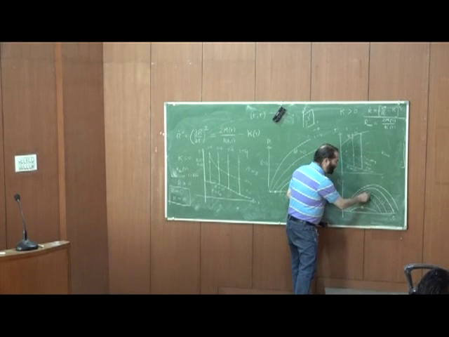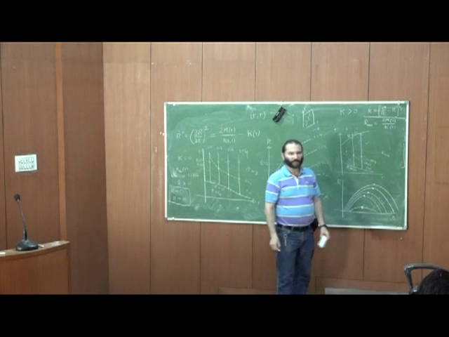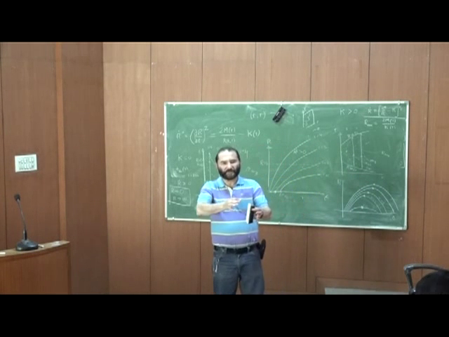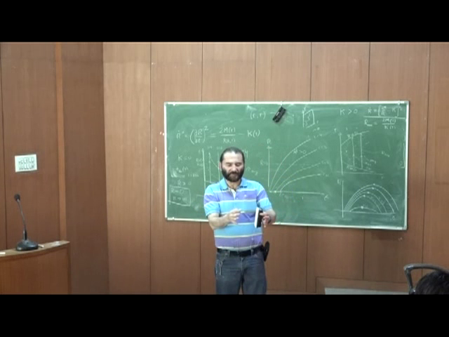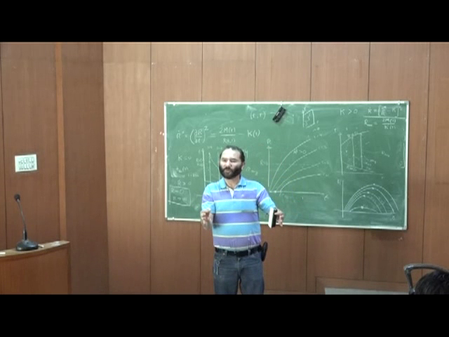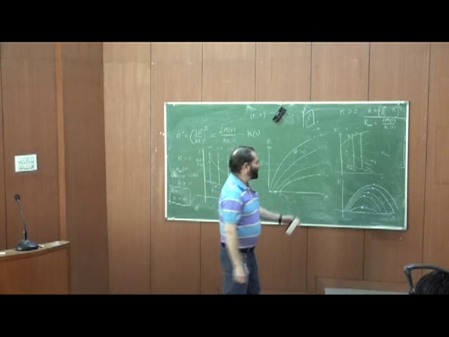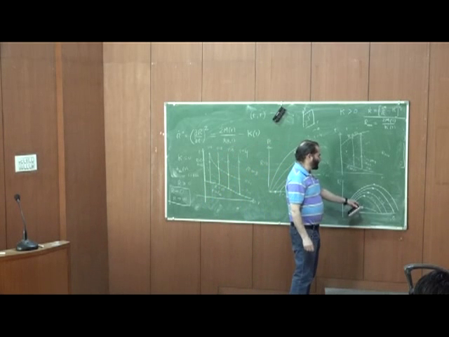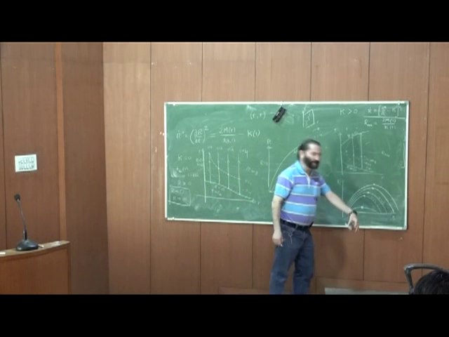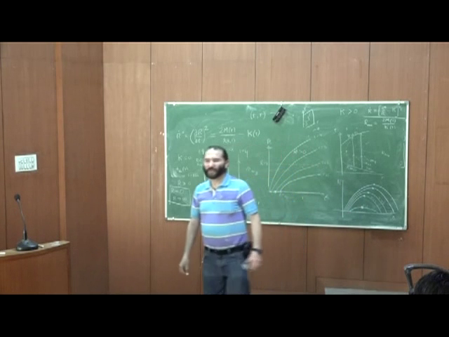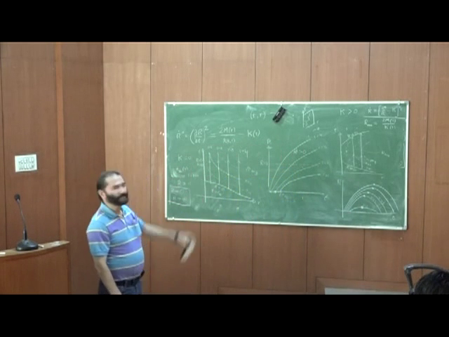These are the points where r dot is 0. And at these points, the observers are expanding. They reach a maximum value of big R, and then big R starts decreasing. So these observers rise, they reach a maximum, and then they collapse. Okay, so this is what we would see.